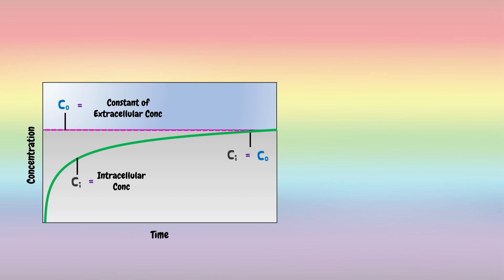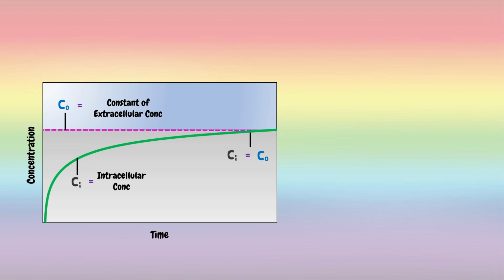As with all diffusion processes, the net flux of material across the membrane is from the region of greater concentration, which is the extracellular solution in this case, to the region of less concentration, which is the intracellular fluid.